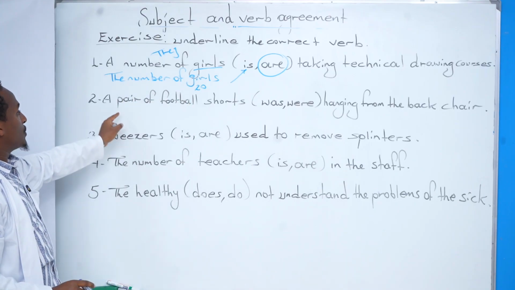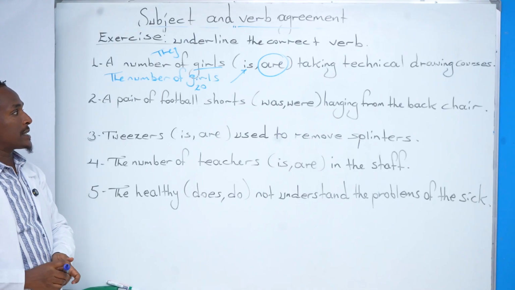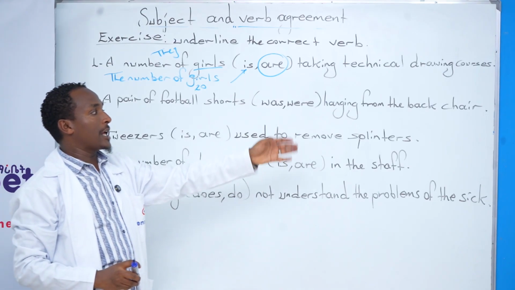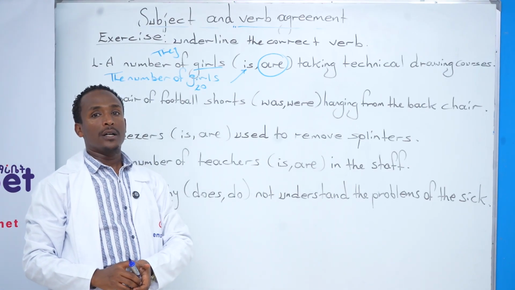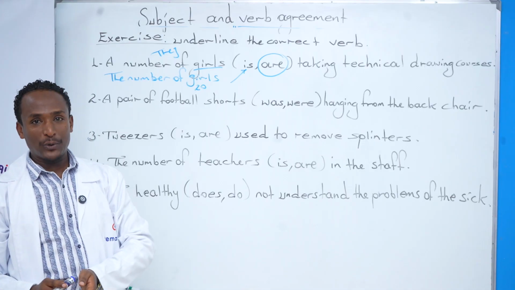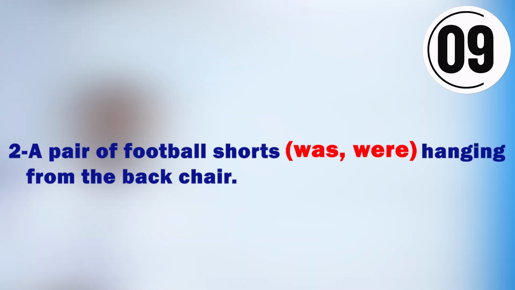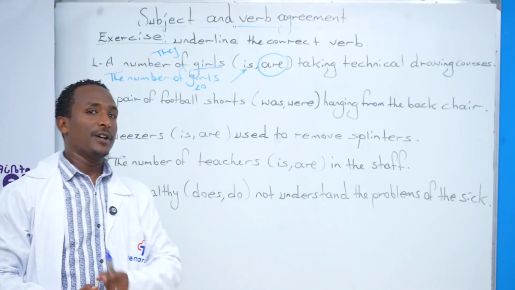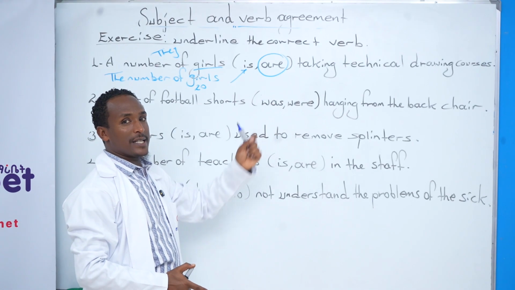Okay. Question number 2. A pair of football shorts was or were hanging from the back of the chair. You have also 10 seconds. Put your answer. If your answer is was, you are correct.